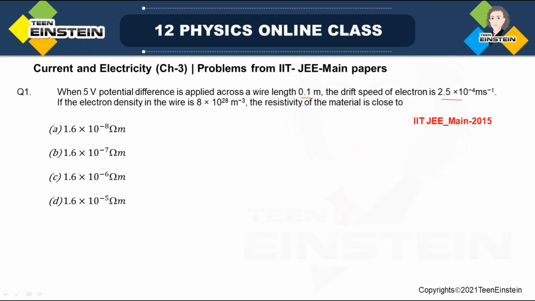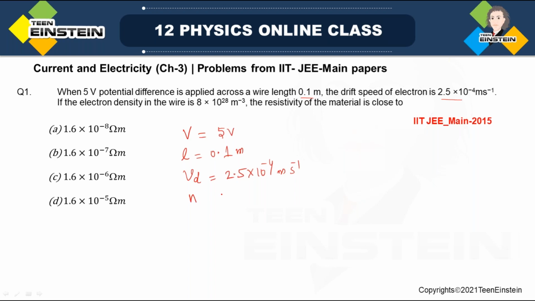See, first of all, let us write the information given. So voltage difference, this is potential difference, 5 volt is given. Length of the wire is given. Drift speed of electron is given, 2.5 into 10 to the power minus 4 meter per second.